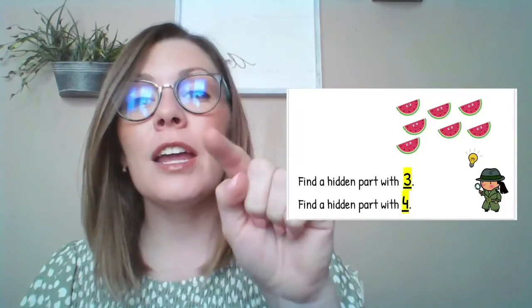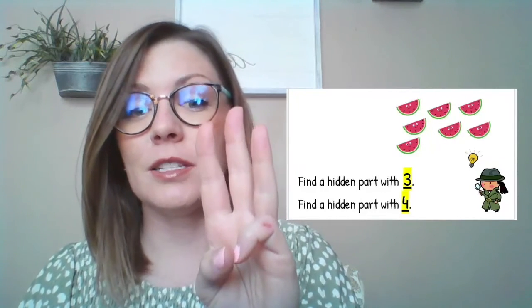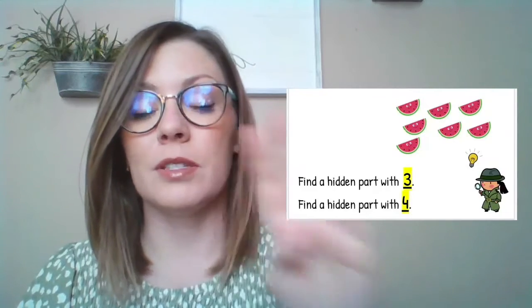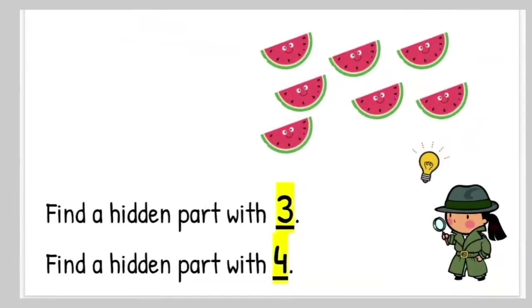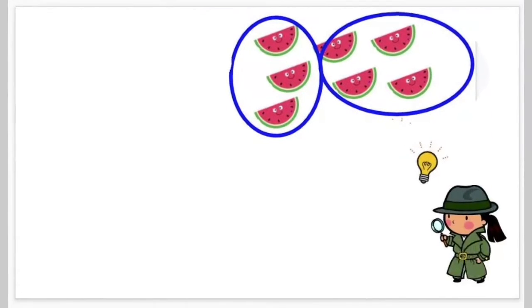So in your head, I want you to circle 3 watermelon slices and circle 4 watermelon slices in an organized way. Okay, if you need to pause, pause. And here's an example of how you could circle 3 watermelon slices and 4 watermelon slices to show the hidden parts in the whole amount.